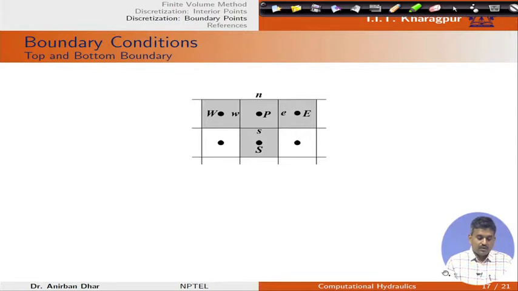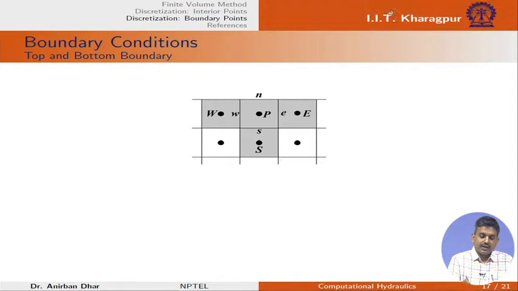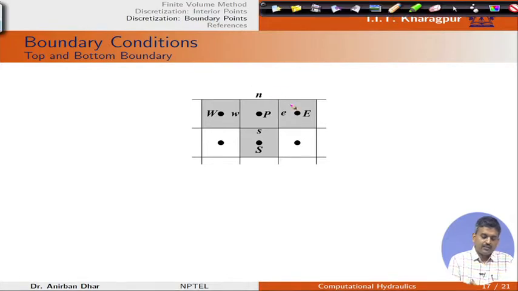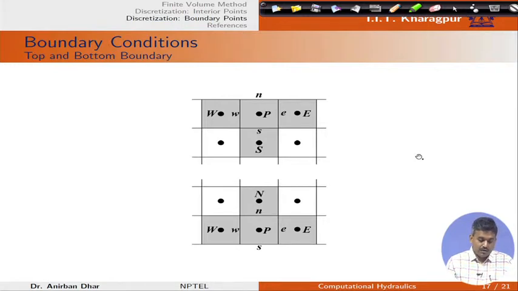For the north boundary, the derivative of phi with respect to n or with respect to y will be 0. Similarly, for the south or bottom boundary, at the south face, the derivative of phi with respect to y will be 0.